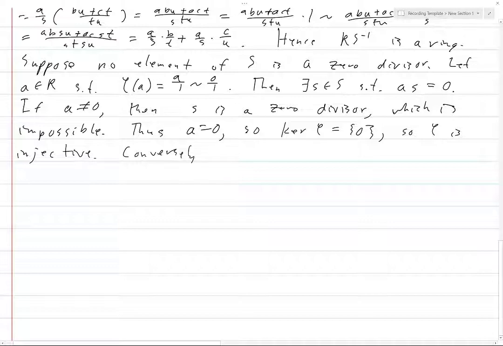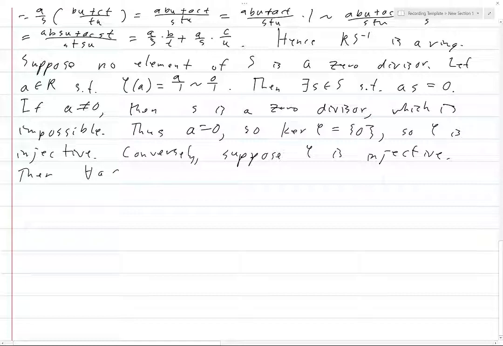Conversely, suppose phi is injective. Then for all A in R minus 0, phi of A, which is A over 1, is not equivalent to 0 over 1. Phi of A, by the way, sends A to A over 1, and it's a nice map.